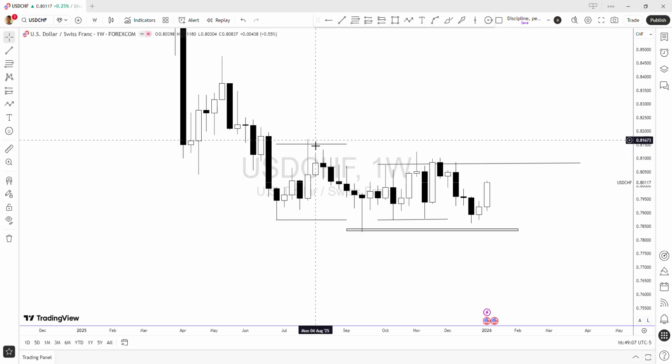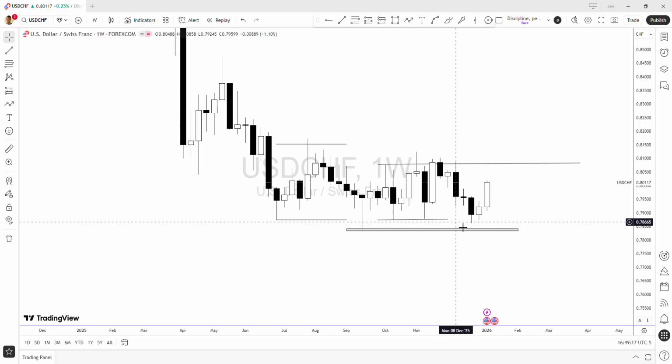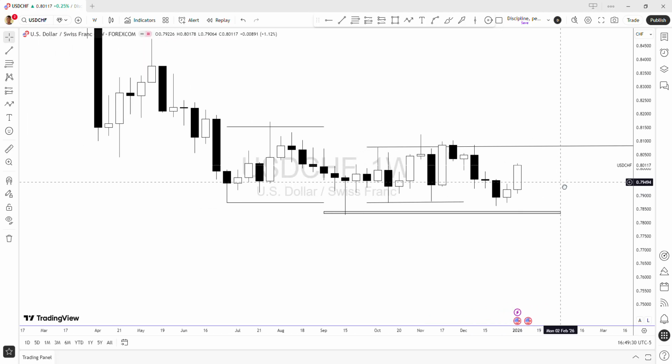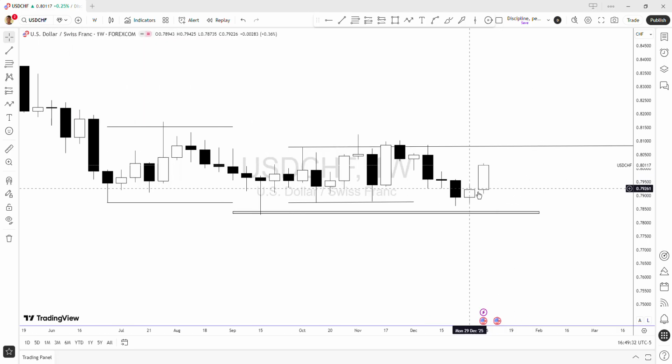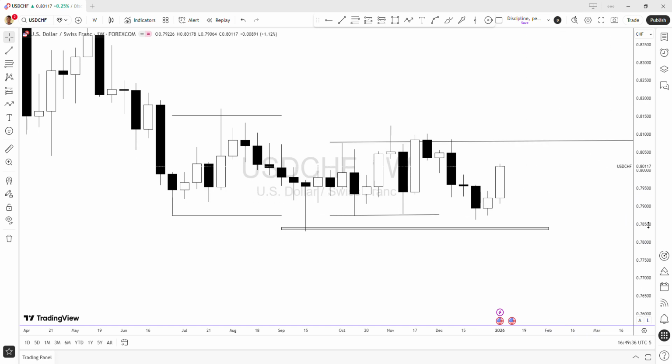It didn't take out this high though, and then the market produced this, and then it took these lows. So what we'll be expecting is a push up, which the market for 2 weeks started to do. So what we'll be looking for next is to see how we will participate in this current trend.